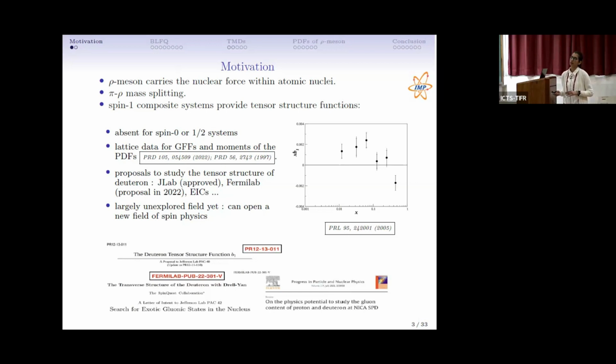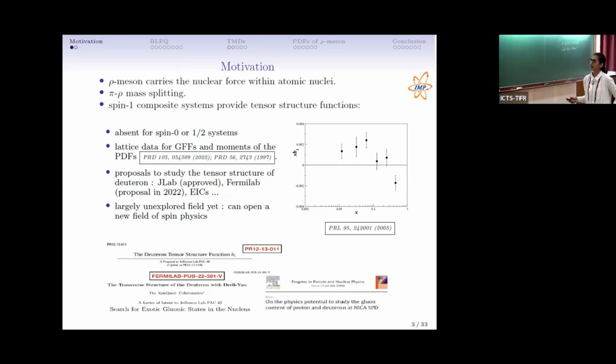And there is the Spin-1 structure that has a special feature, the tensor polarized structure that cannot be found in Spin-0 or Spin-half systems. Although there is no experimental data, there is lattice data for the Spin-1 system for gravitational form factors and moments of the PDFs.